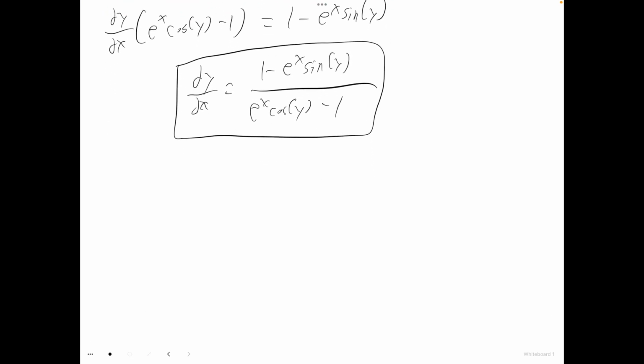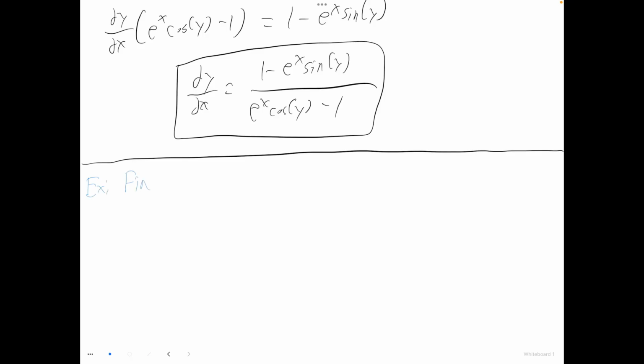So now, as you may recall, before we've talked about this idea of second derivatives and higher order derivatives. You can do higher order derivatives with implicit differentiation the same way that we've done it before. And so we're going to look at an example of doing that now.